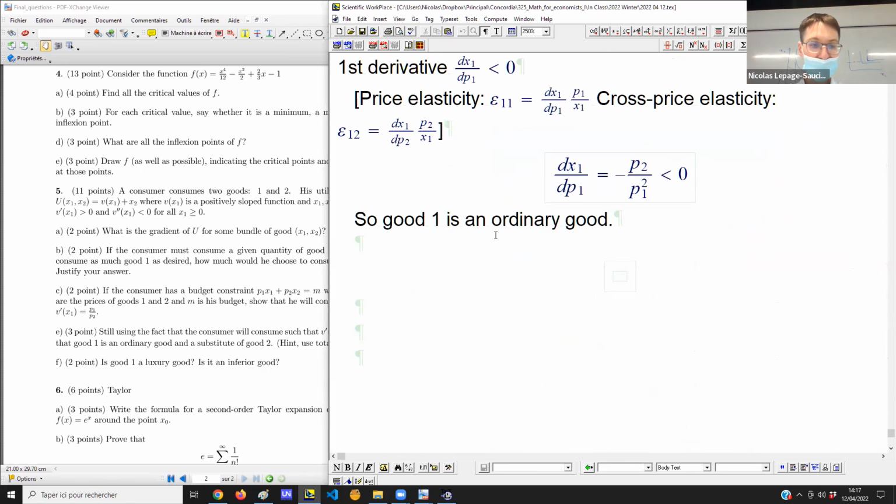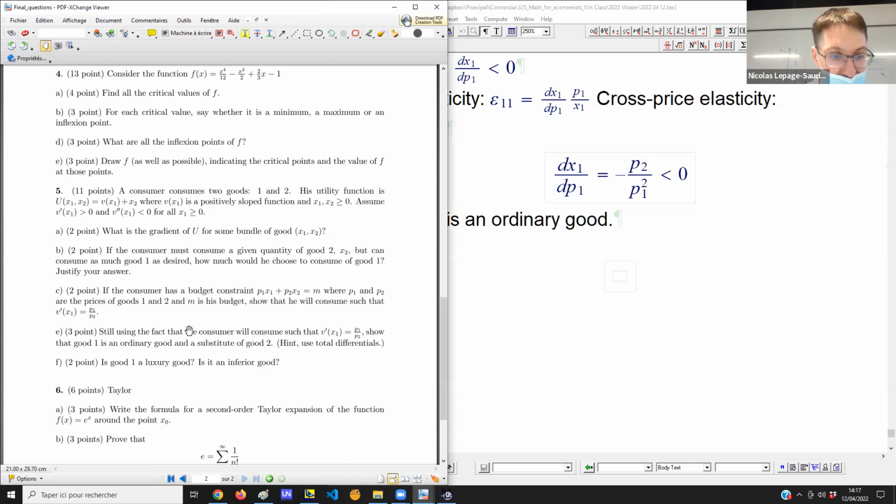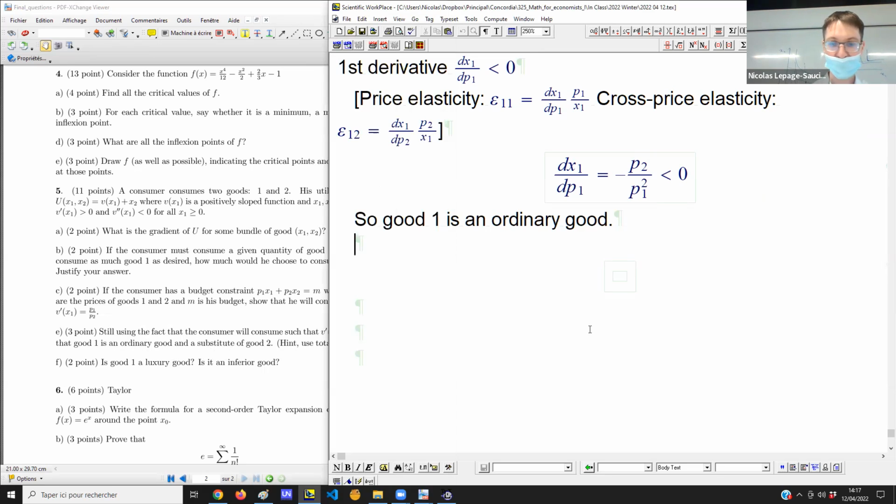Okay, second one is a substitute of good 2. So in that case, you would have dx1 over dp2 positive or negative.